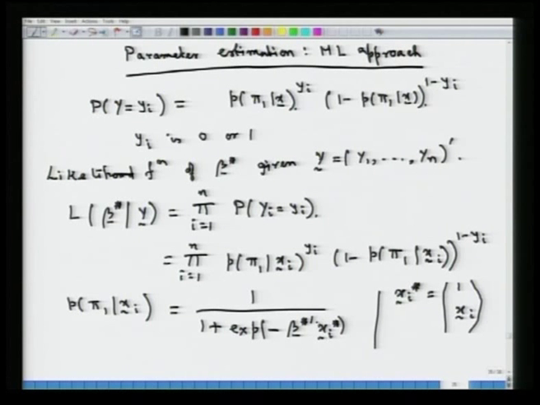Using this fact and plugging in the values of p(π1 | xi) into this expression, we have the explicit form of this likelihood.